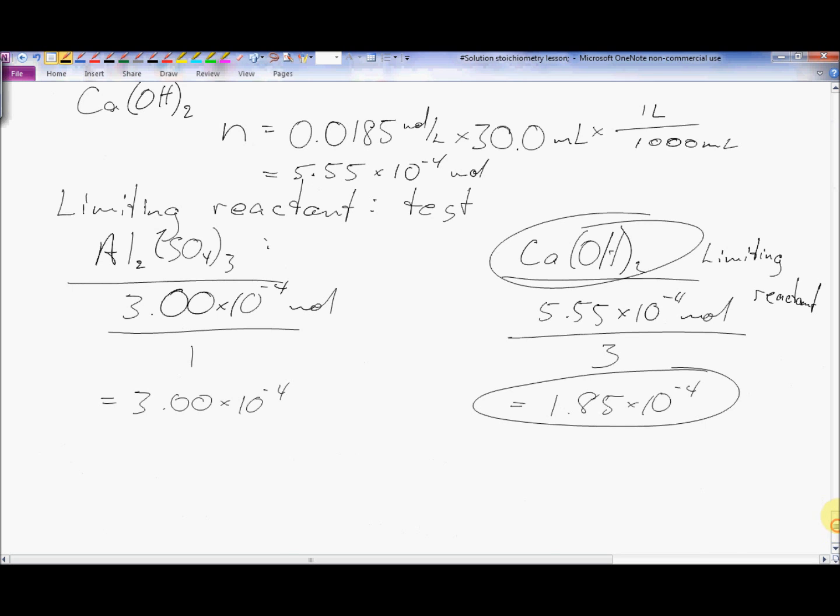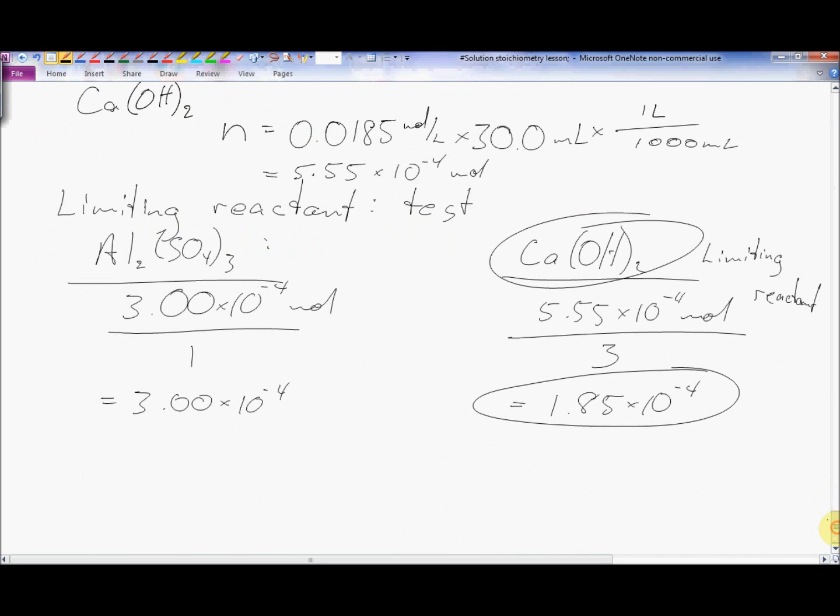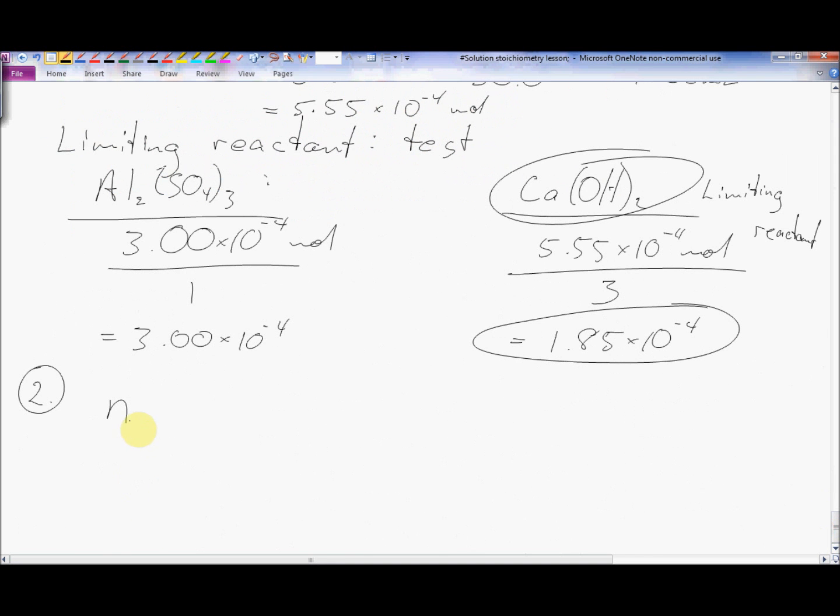Okay, and what the question is asking us for is the mass of aluminum hydroxide. So carrying on with stoichiometry, here's what we're trying to find. What is the mass of aluminum hydroxide? So our next step is to find the number of moles of aluminum hydroxide which will be yielded in this reaction. So step 2 of our stoichiometry process is finding the number of moles of aluminum hydroxide. We're going to use the number of calcium hydroxide moles that we have.